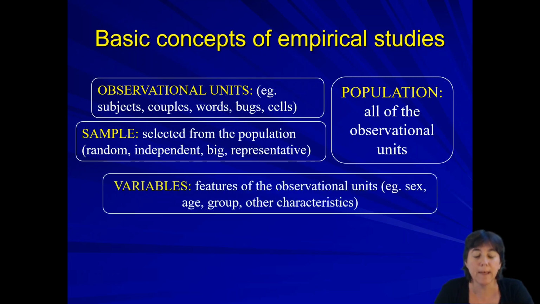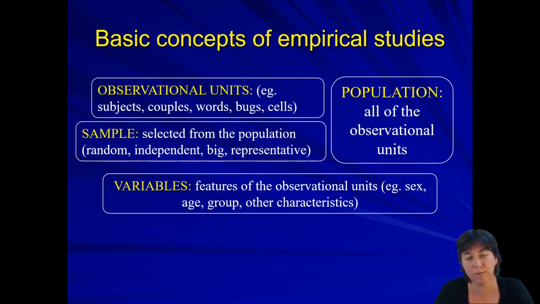Okay, then we have the characteristics or features of the observational units, variables. For example, students have sex, male or female, they have age, they belong to different groups, let's say good students who perform well, students who don't perform that well, students who are part of a group on Facebook, I don't know, something, or people who are not, and many other characteristics.